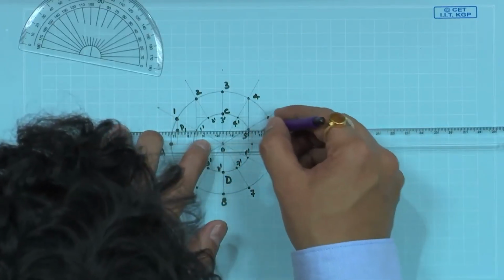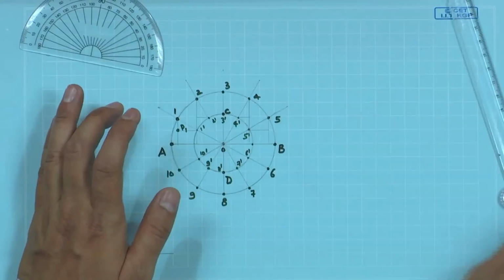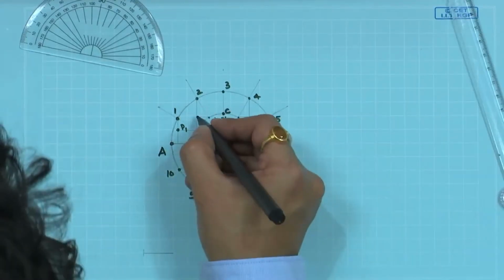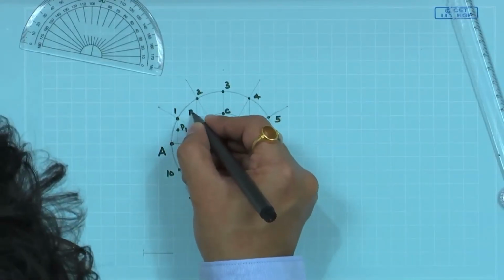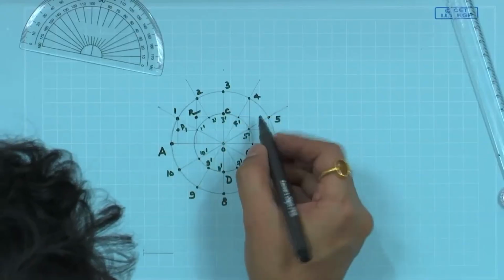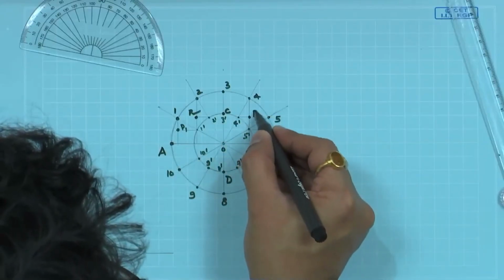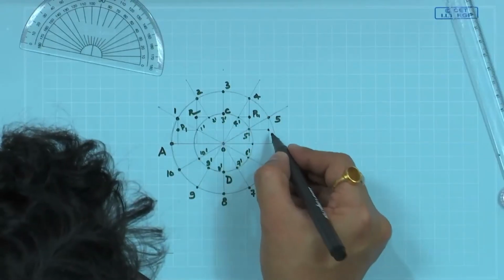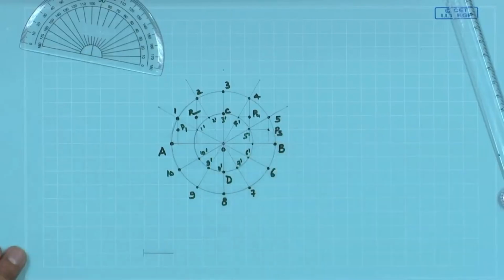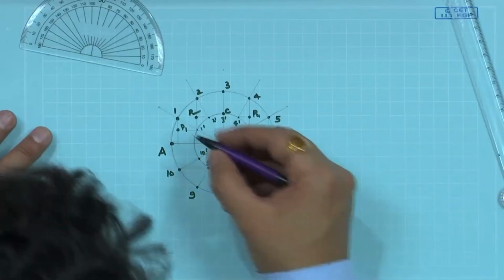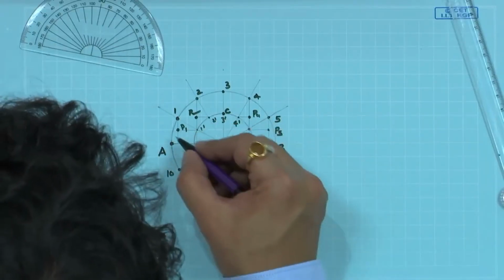So, connect that. Once it is done, label them. P2, P3 is already there, this is P4, P5 points.